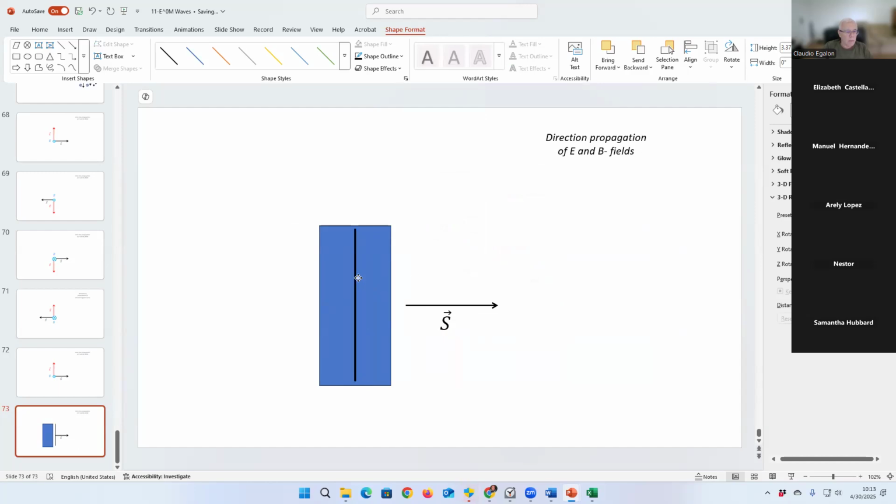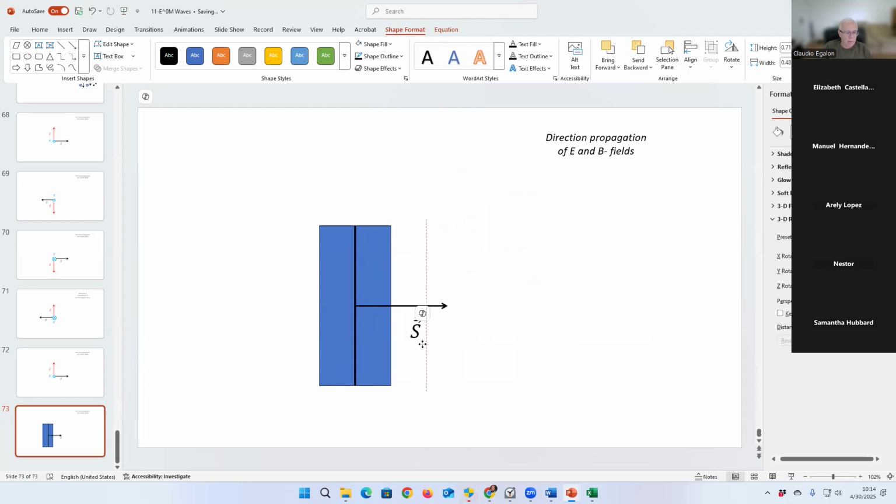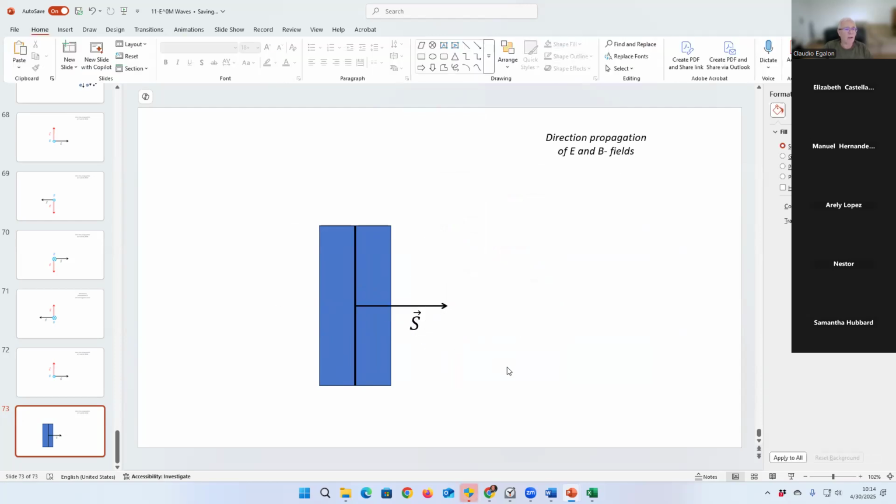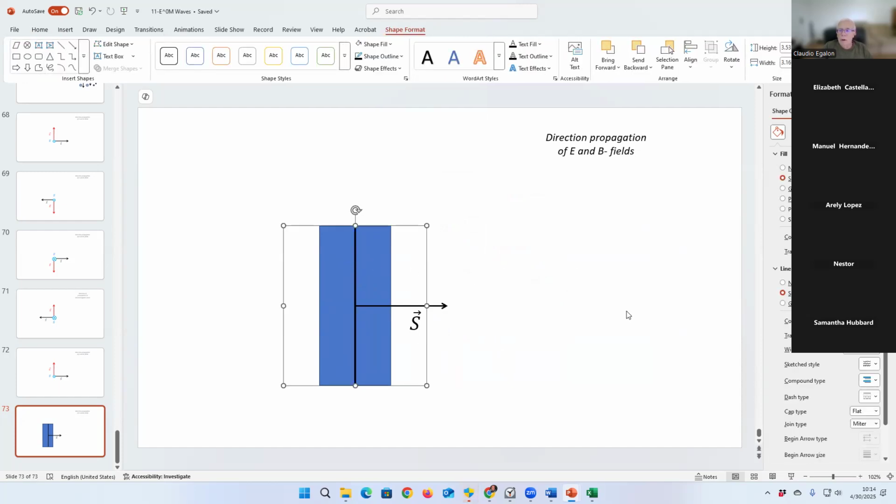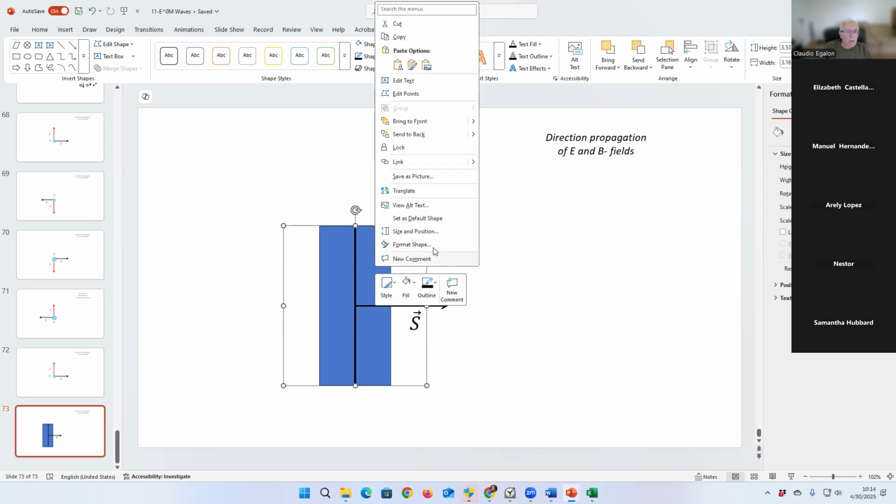Here's the midway. Here's my vector, my pointing vector, the vector of propagation of the source. Let's see if I can do better than that too. Let's see here. No, not this one. It's this one that I want.